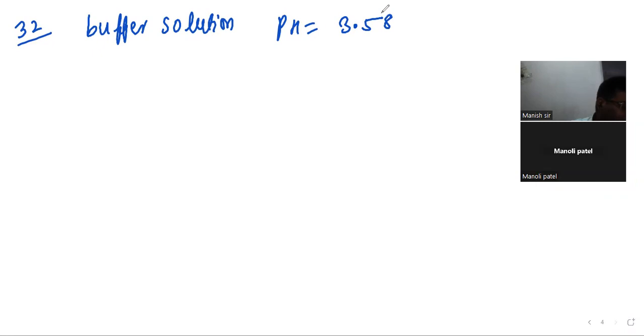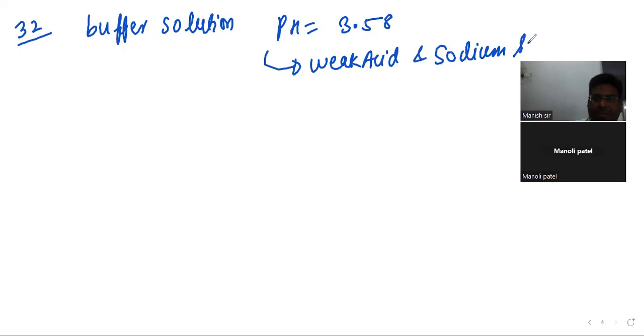Which one of the following weak acids together with its sodium salt would be best to use?